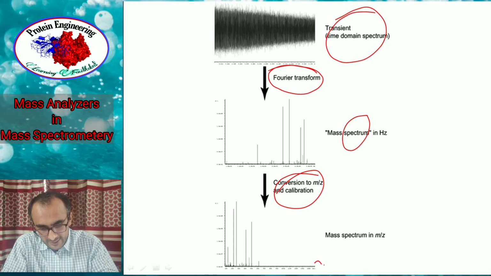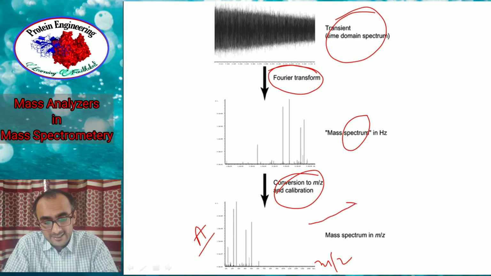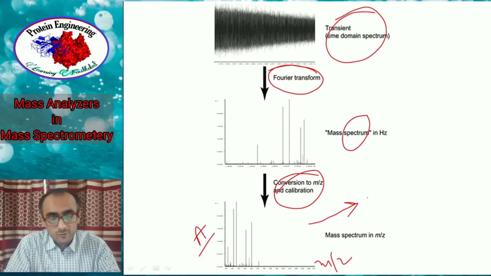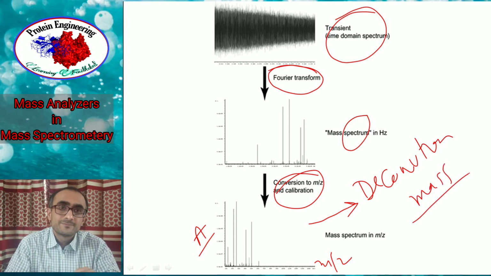So your final data is m/z versus abundance. This is the mass spectrum, and we know that in an earlier lecture we discussed that the m/z data can be used in deconvolution in order to get the mass of the analyte.